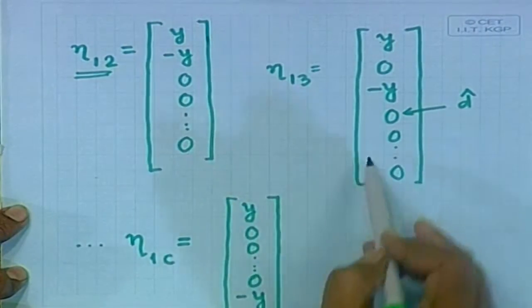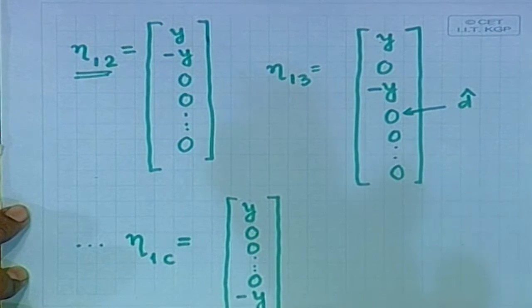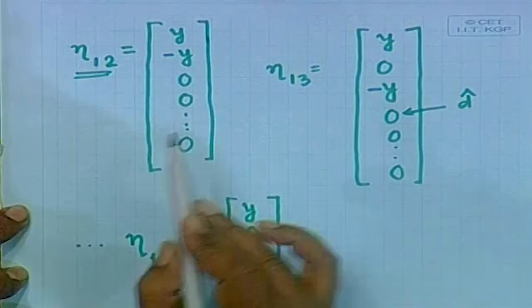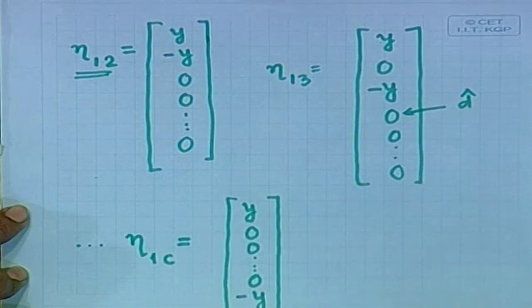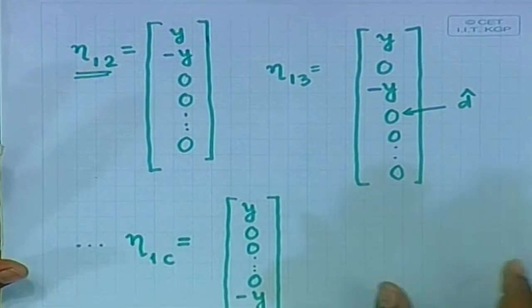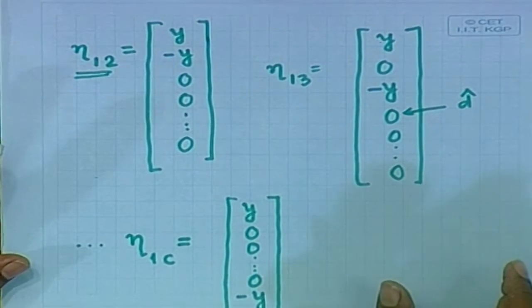Now, each of them is of dimension C into d hat. So, the dimensionality is increasing by the number of classes that we have, and the number of vectors for every original vector is also increased by a factor c into c minus 1. So, the amount of data that we are generating becomes quite high.